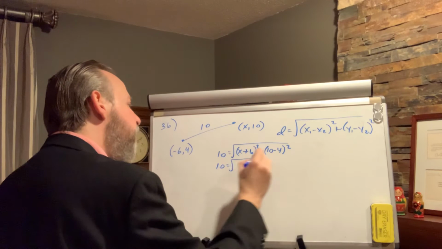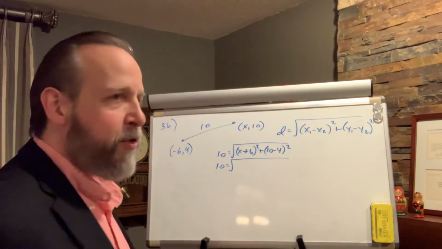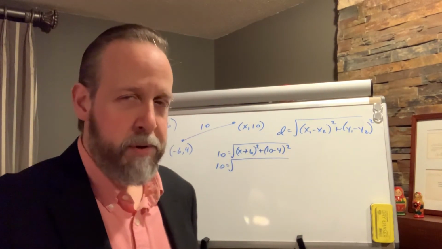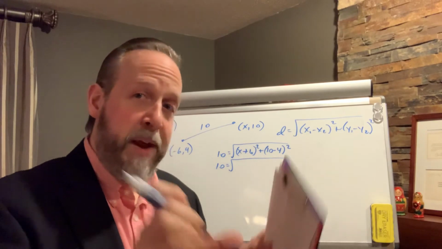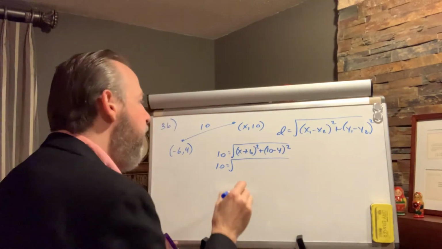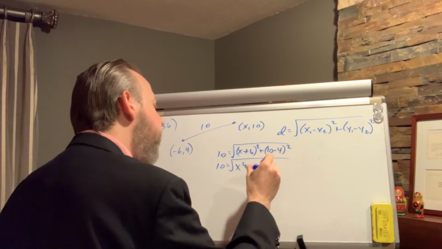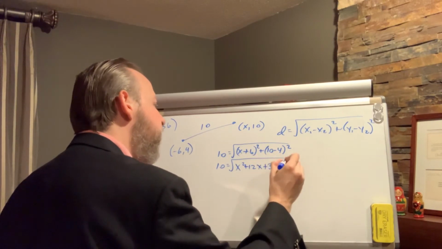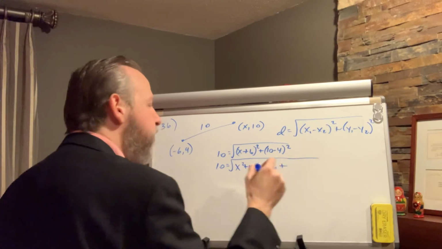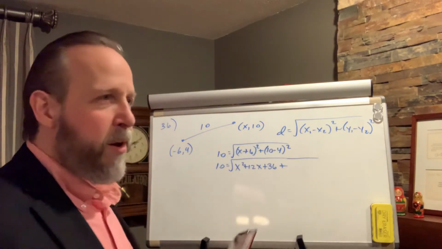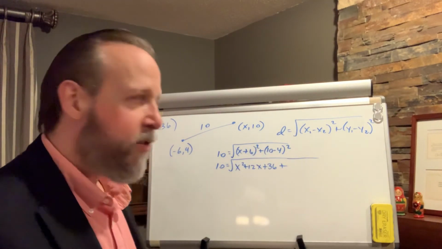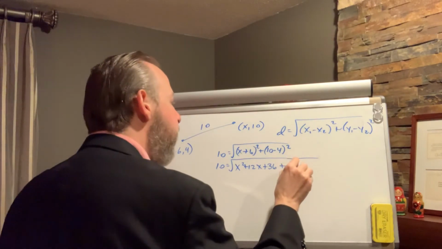I'm going to expand the x plus 6 squared. I'm going to just shortcut it, but if you can't, then expand it and FOIL it together. That would be x squared plus 12x plus 36, plus 10 minus 4 is 6, and 6 squared is another 36.